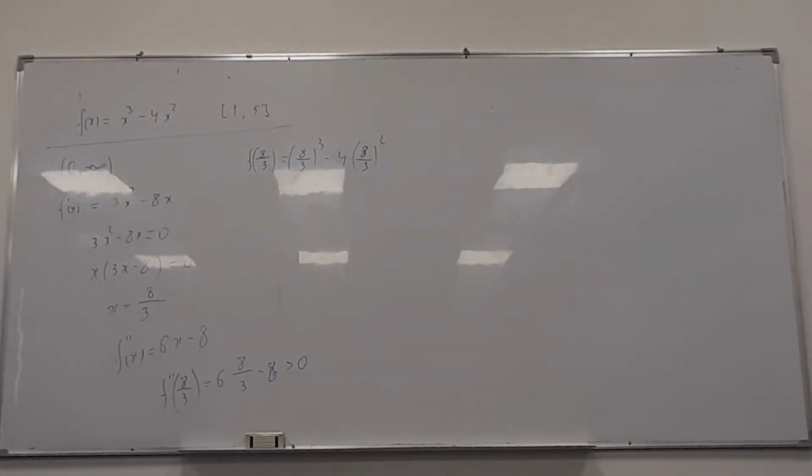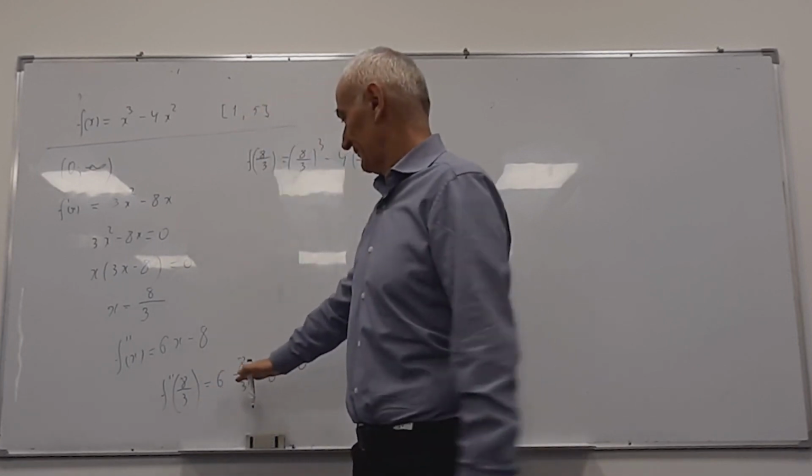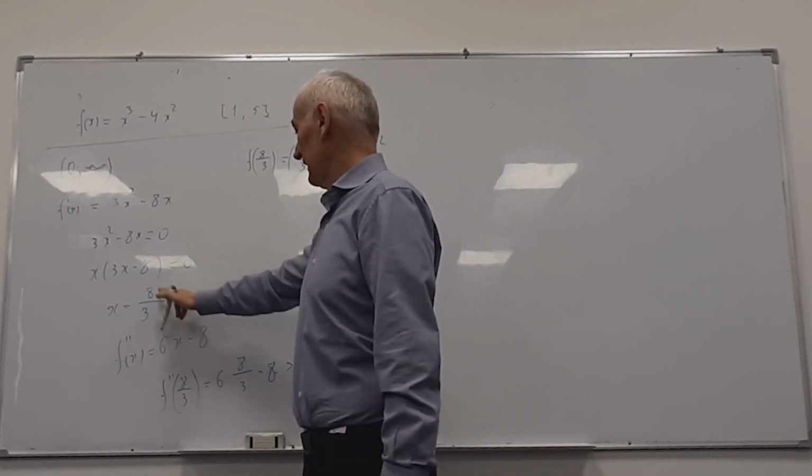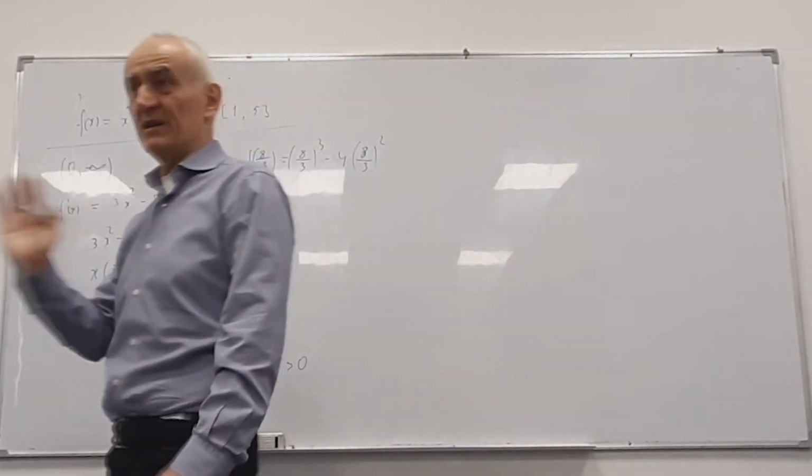If we are not required to find the minimum value and only need the maximum or minimum point, you don't need to do this. It's enough that we found 8 over 3. This is the point of minimum.